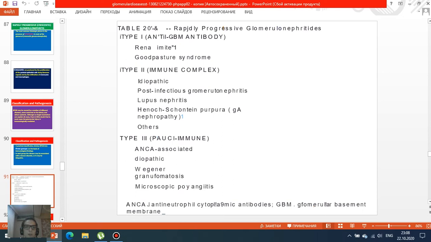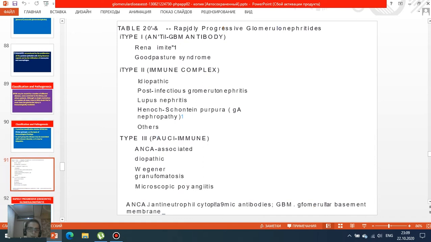It may be idiopathic, post-infectious glomerulonephritis, lupus nephritis by systemic lupus erythematosus, Henoch-Schönlein purpura, IgA nephropathy, and others. Type 3 is pauci-immune, ANCA-associated, after ANCA-associated vasculitis, idiopathic, Wegener granulomatosis, and microscopic polyangiitis. It's type 3.